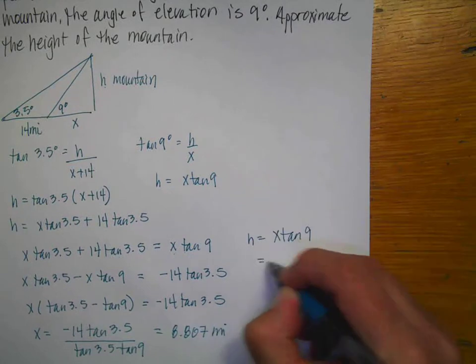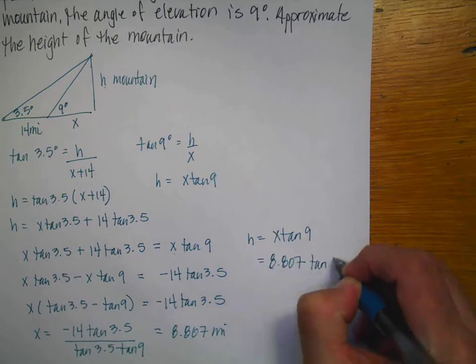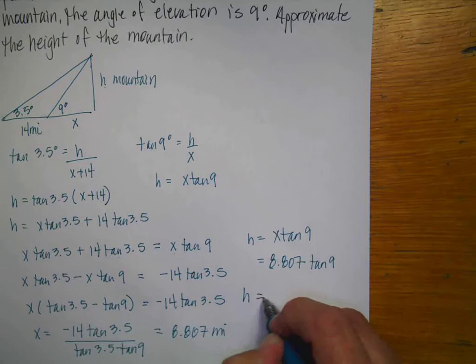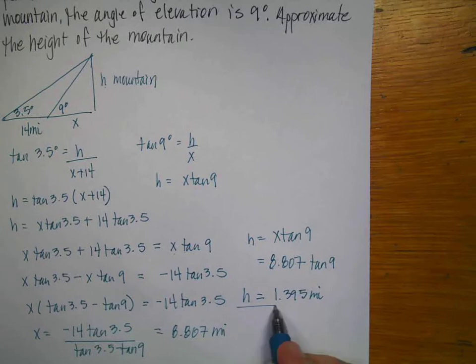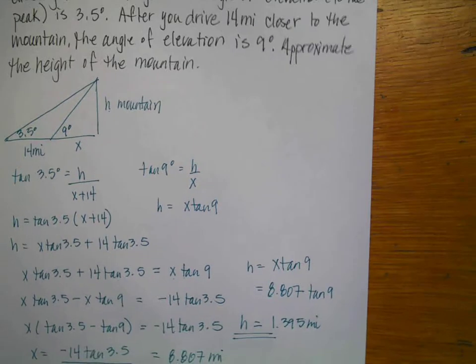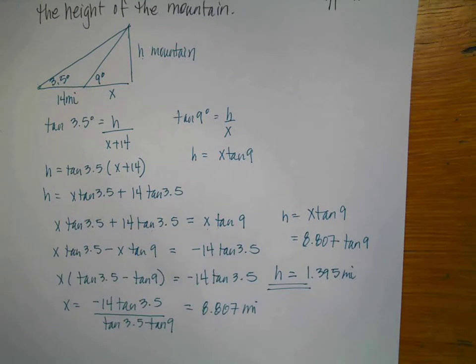So I'm going to get h is equal to x tangent 9, so it's going to be 8.807 tangent 9, and so I'm going to get h is equal to 1.395 miles, okay? And then what were we looking for? We were looking for the height of the mountain, and then this would be my solution, politely identified.